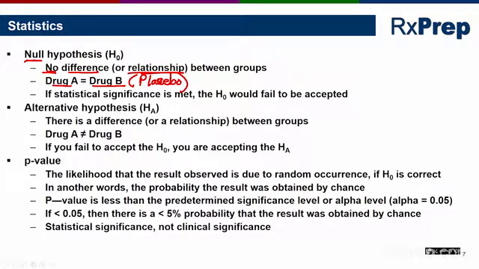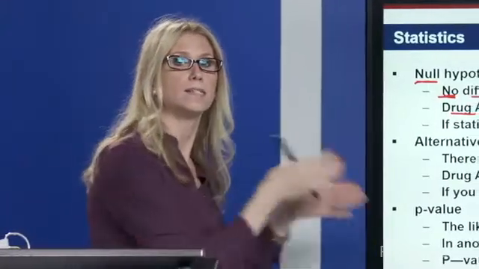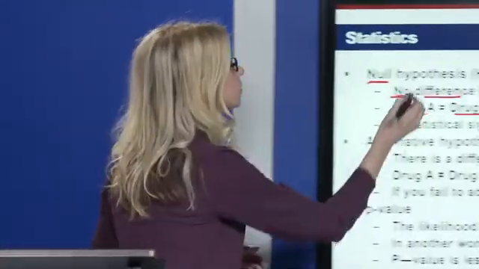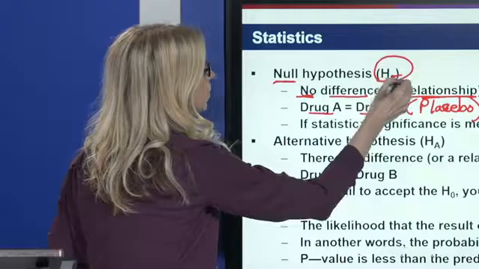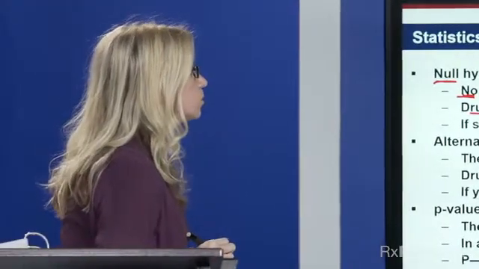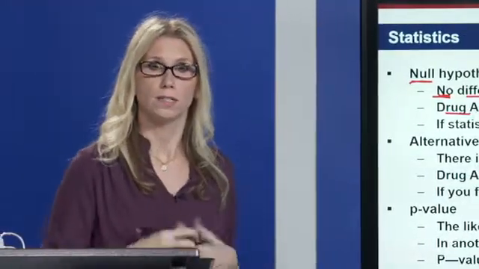There would be no difference between the two groups. So when you set up a clinical trial, the null hypothesis is always saying there's no difference. That's what null stands for, 0, right? No difference. So how do we know that the drug does work?